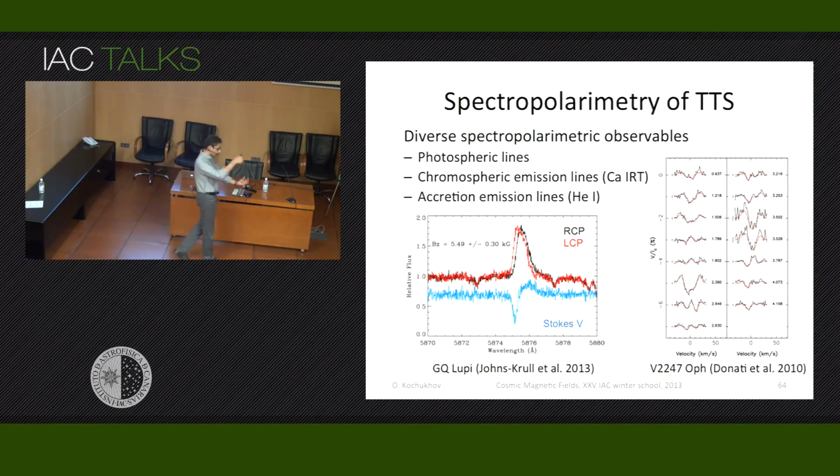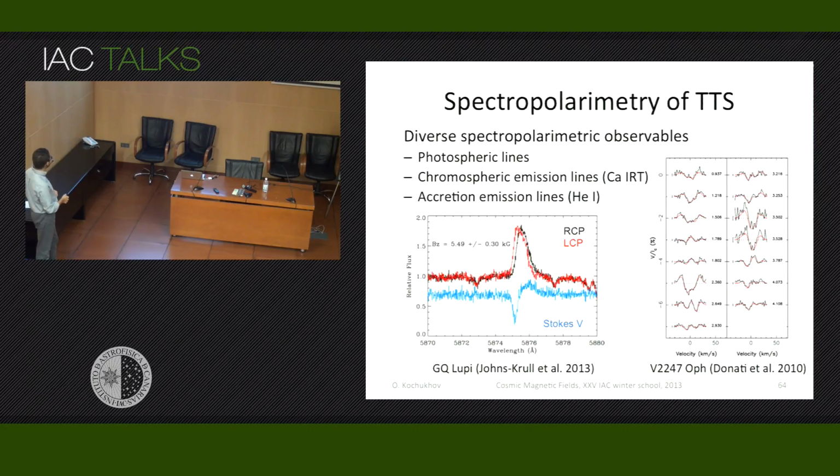So emission lines are formed where accretion flows hit the surface of the star. For some reason, emission lines of helium are showing enormous longitudinal fields. They show enormous signals, which look like Zeeman signals, and they show fields like 4 or 5 kilogauss.